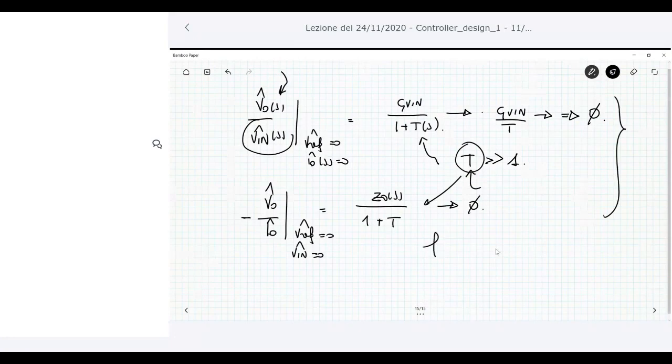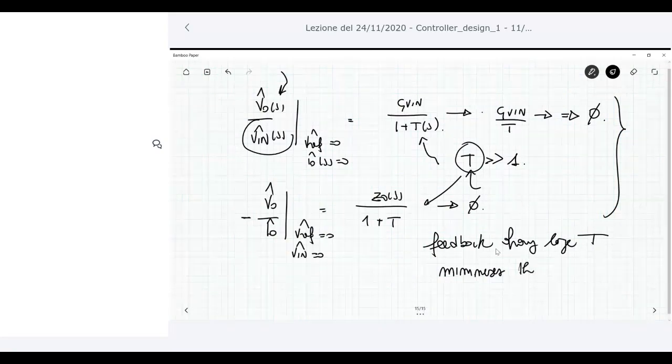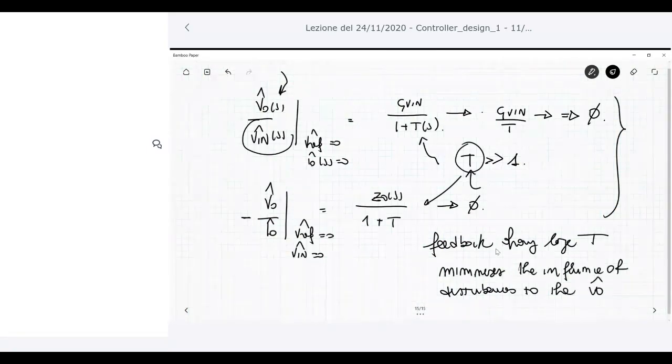So, as a conclusion, we can say that feedback having large T minimizes the influence of disturbances to the output. And this, of course, is a good quality.